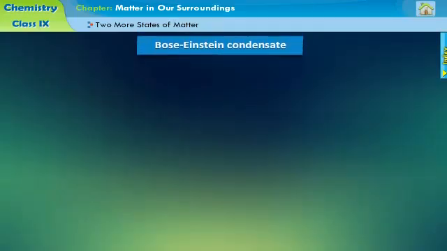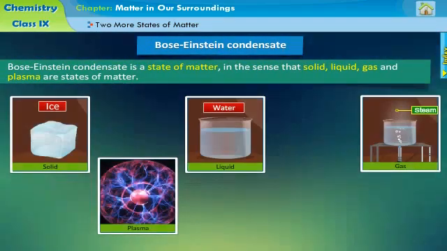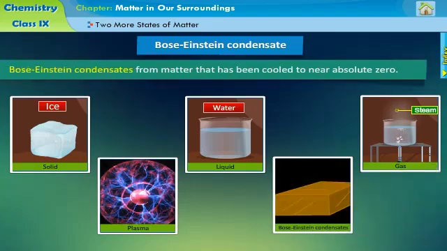Let's understand Bose-Einstein condensate. Bose-Einstein condensate is a state of matter in the sense that solid, liquid, gas and plasma are states of matter. Bose-Einstein condensates form from matter that has been cooled to near absolute zero.